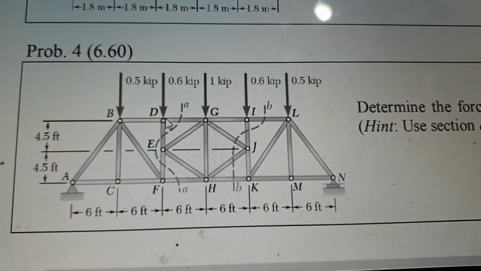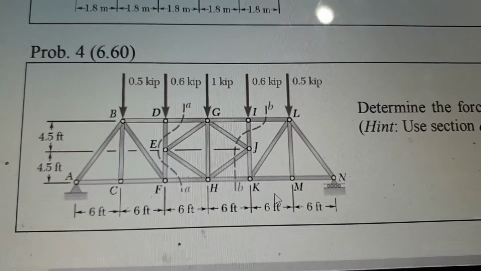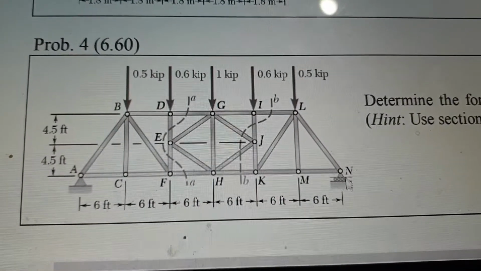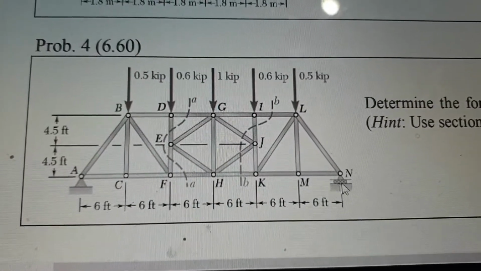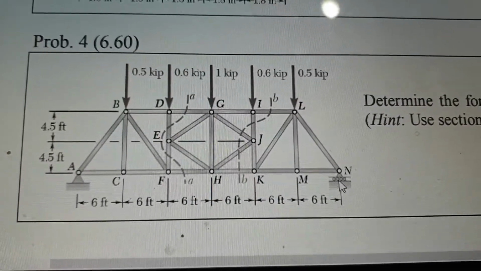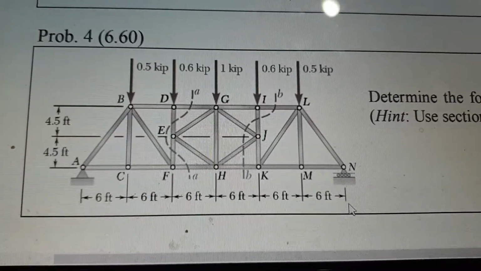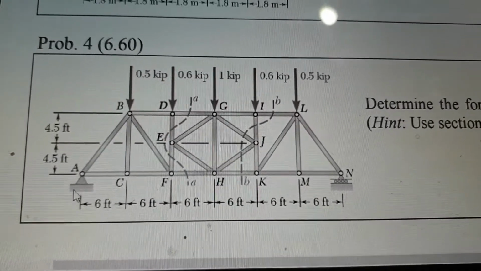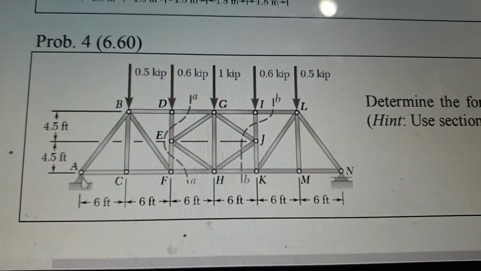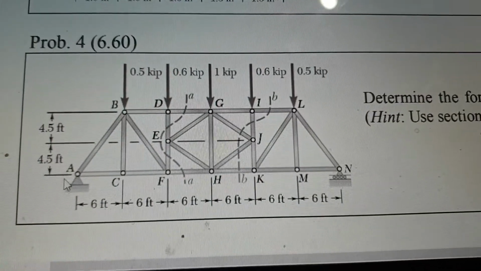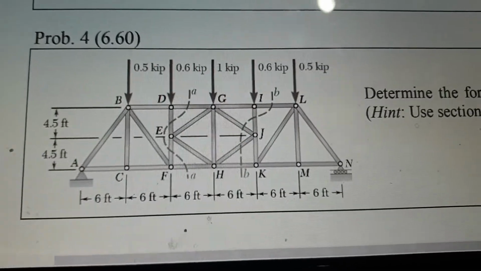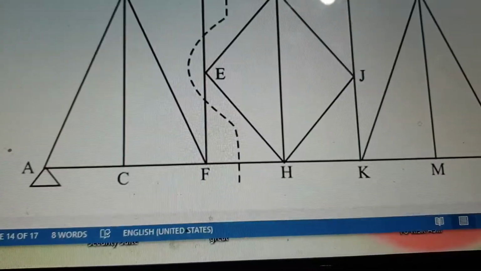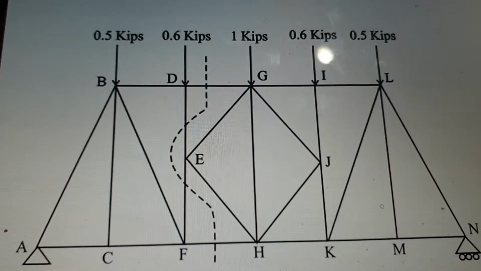Before you find this force and this force, let's find the force of the reaction N, and you can see that it is a roller. So there is the reaction in the y-axis N, and A, you can see it's like a hinge. It's AX and AY. So let's find initially the reaction AX, AY, and N.